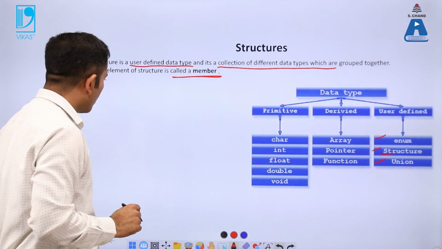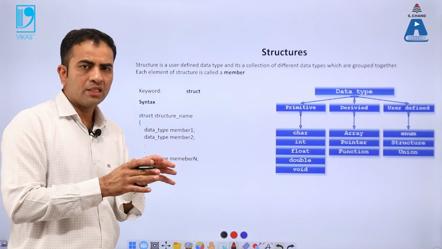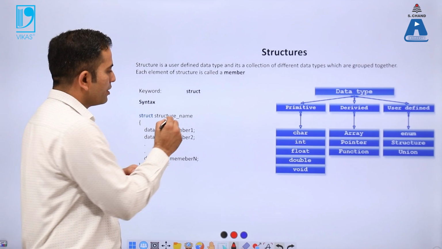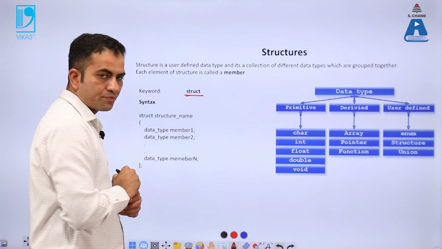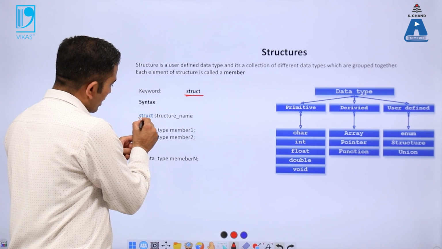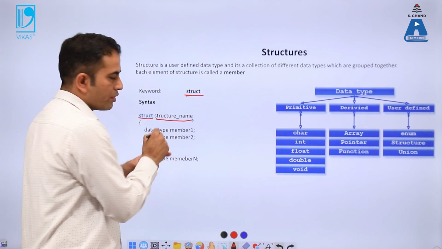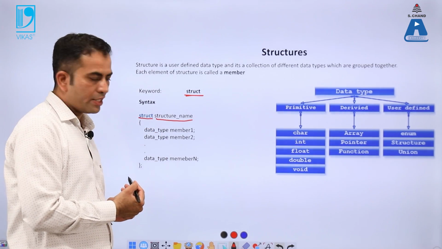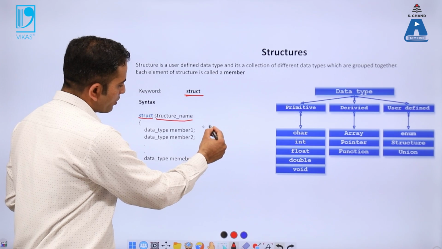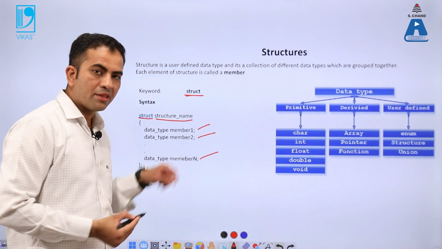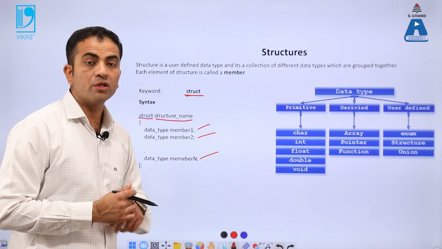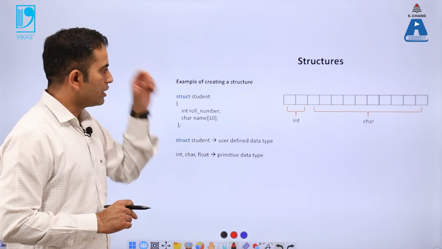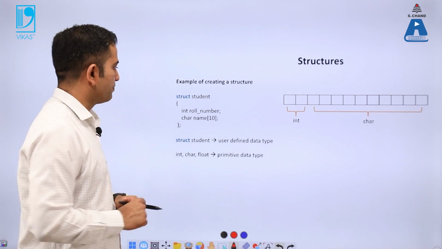Let's understand the syntax of a structure. To derive a structure, we need the keyword struct, and then the structure name. Then the block of the structure will be there, and inside this block we have to declare different types of data, and these are called the members of a structure. So this is our example of how to create a structure.